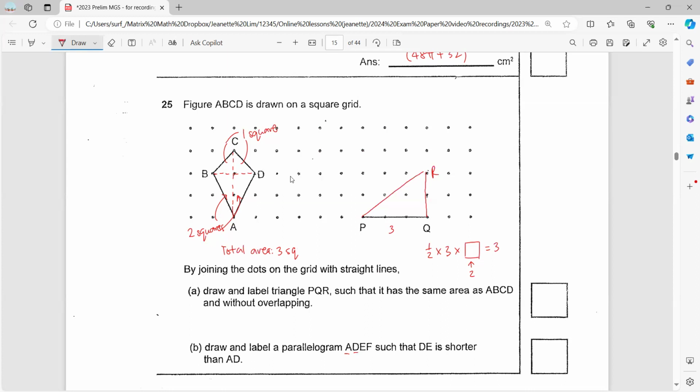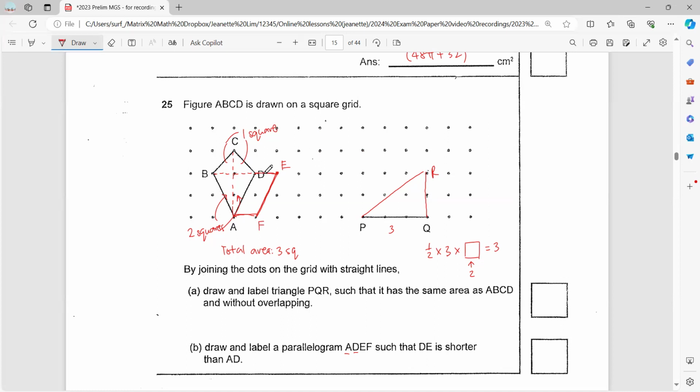Maybe you can even just draw it here. So this is E, DE. Then just connect. Okay, parallelogram. So this is 1 to the right. And then connect this. Use a ruler when you're doing this. ADEF. So that's your parallelogram.